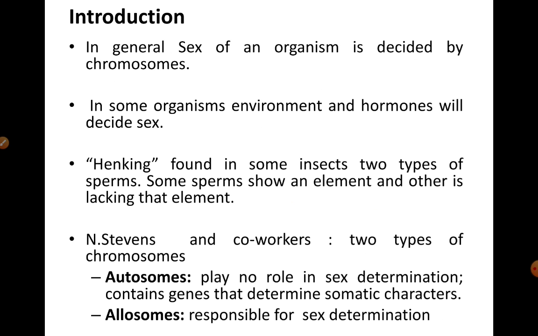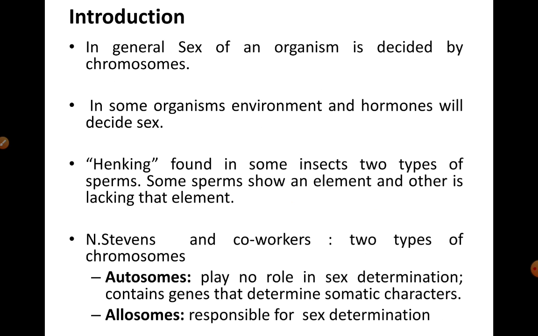The widely used technique is chromosomal sex determination, in which the sex chromosome of a male will have X or Y chromosome, and this decides the sex or the gender of the offspring, whereas female carries two X chromosomes and male carries X and Y chromosome in most of the cases.